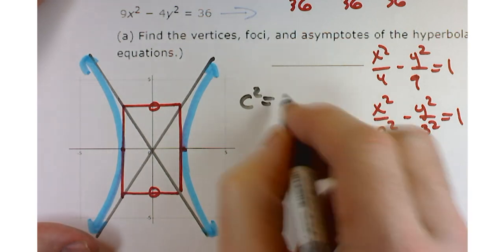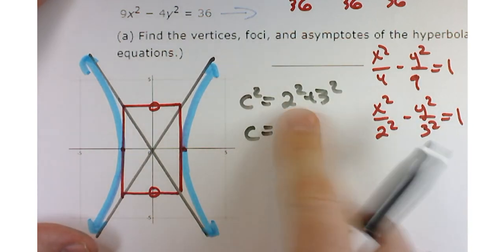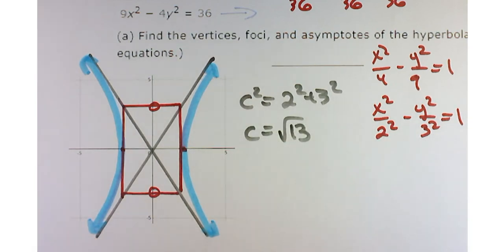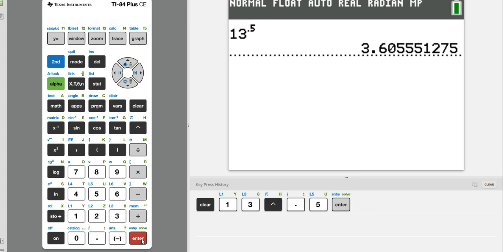C squared is going to be 2 squared plus 3 squared. So 4 and 9 give you 13. C is going to be the square root of 13. And maybe it'd be convenient to have an approximate decimal value for yourself. So 13 raised to the 0.5 power, that's a quick way to get the square root, about 3.6.